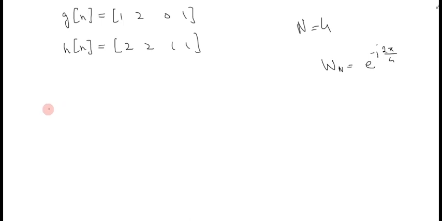So your g of k will be equal to summation n is equal to 0 to n minus 1 g of n wn raised to power kn.